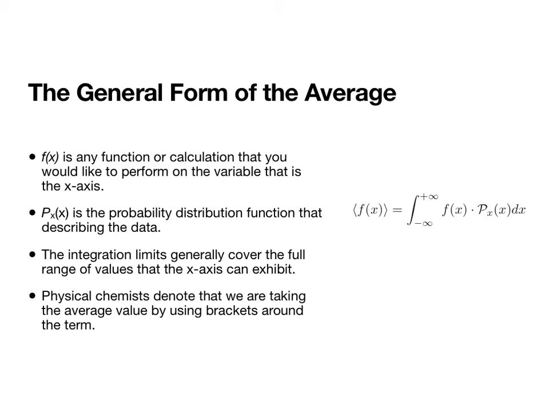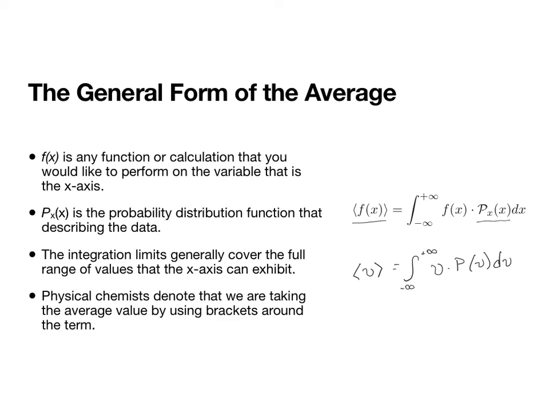Okay, so when we define our average in this way, we no longer just have to find the average of our x-axis. Instead, we can find the average of any function that we want as long as we have a probability distribution describing that function. So if we are thinking about our Boltzmann distribution, we showed earlier that we can find the average velocity by integrating over all velocities the velocity times the probability of the velocity.